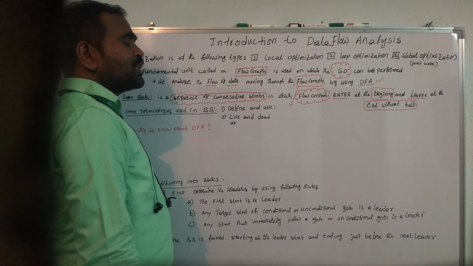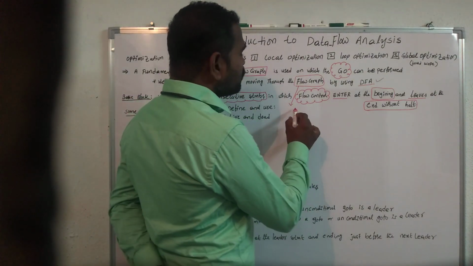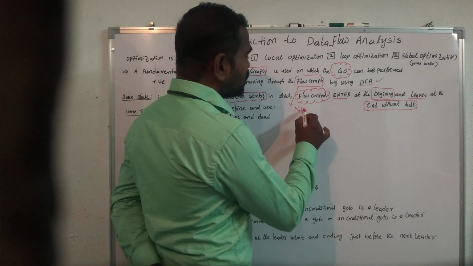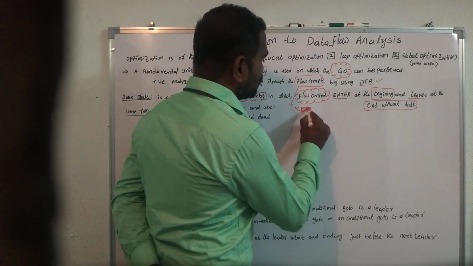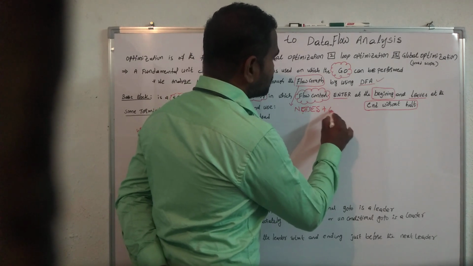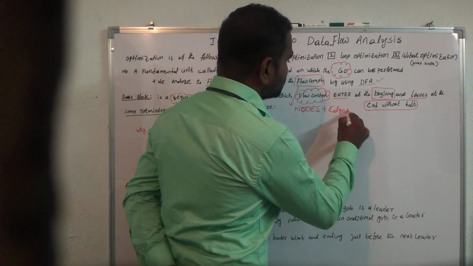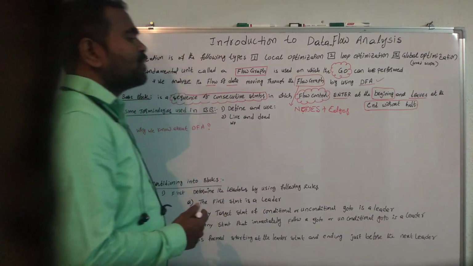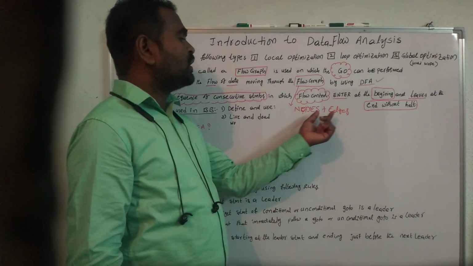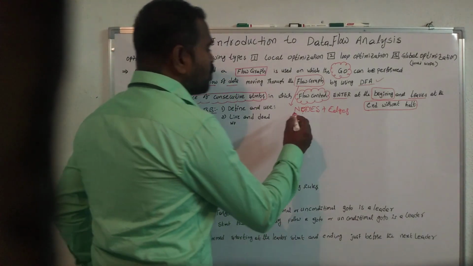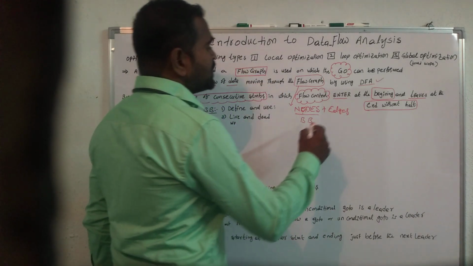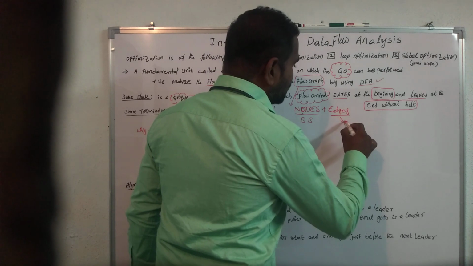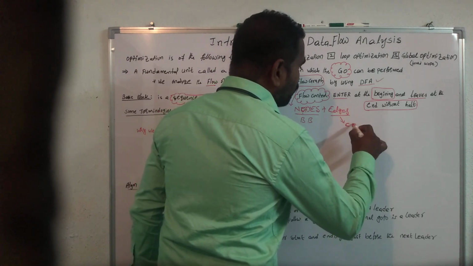The flow graph is nothing but a set of nodes and edges. The nodes are represented in the form of basic blocks, and the edges are represented in the form of control flow.